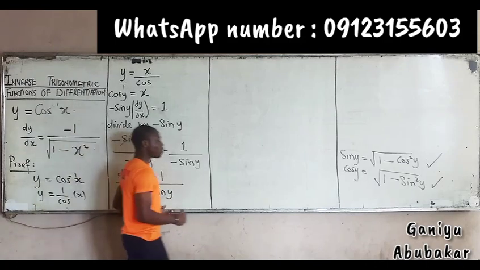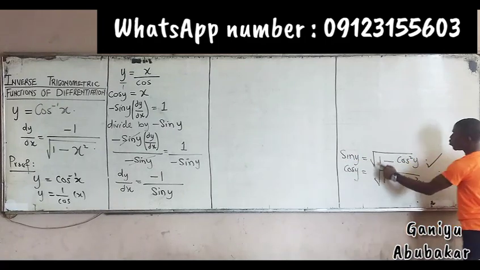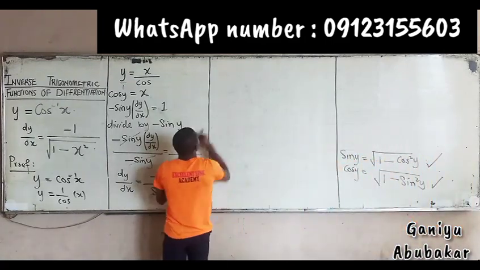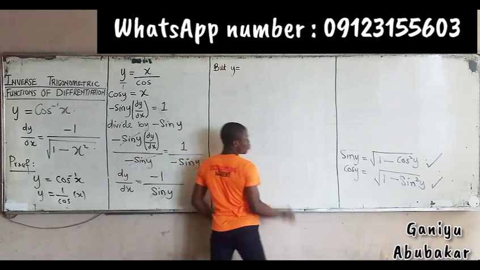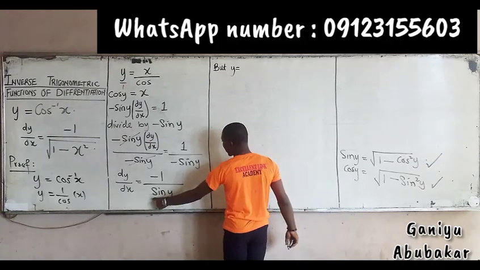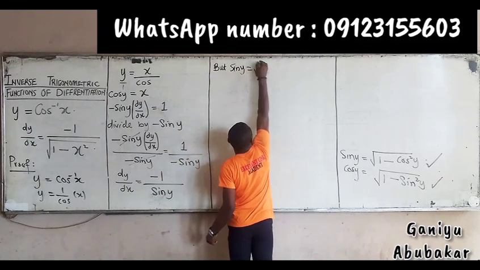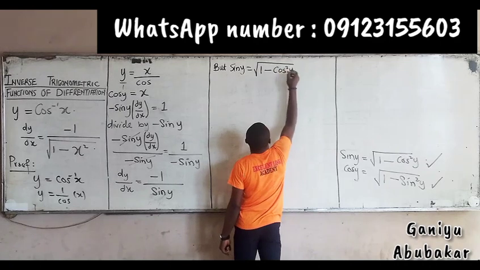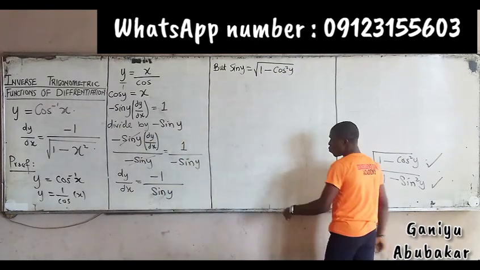Of course, we said earlier that sin y is equal to root 1 minus cos squared y. Sin y is equal to root 1 minus cos squared y.